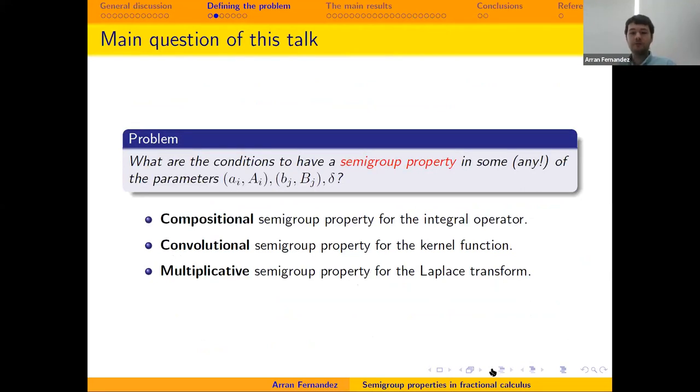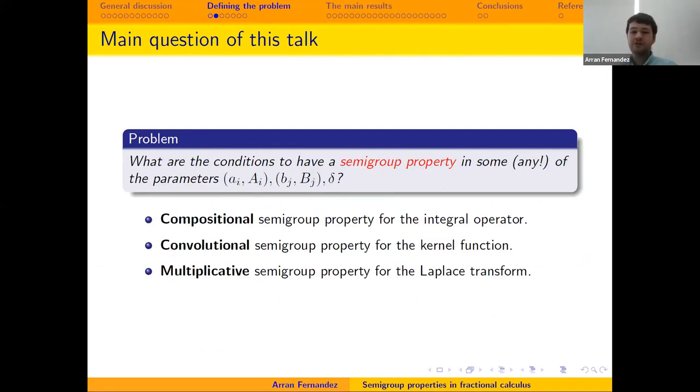Here is the main problem, main question of this talk. What are the conditions to have a semigroup property in some of these parameters? So what sort of semigroup property do we mean? We're taking compositions of integral operators. That is equivalent to taking convolutions of the kernel functions, the modified Fox-Wright function.